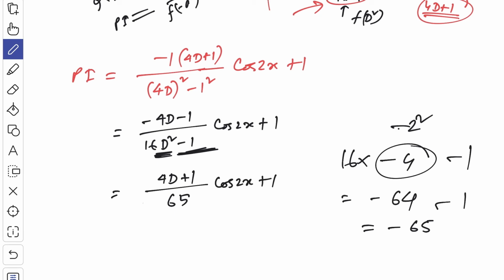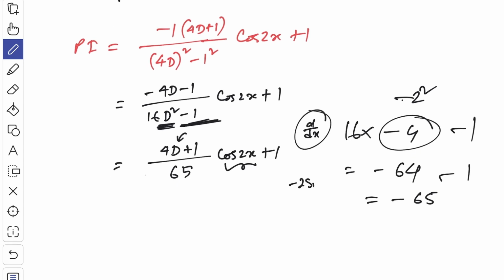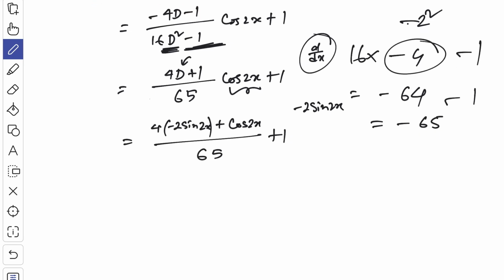And cos twice x plus 1. As there is d, which means the differential coefficient d by dx, if you operate this cos twice x by this operator, then you will get minus 2 sine twice x, isn't it? So what we have got here is 4 into minus 2 sine twice x plus cos twice x by 65 plus 1.